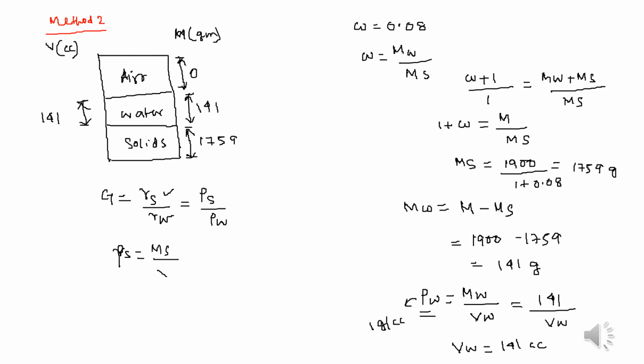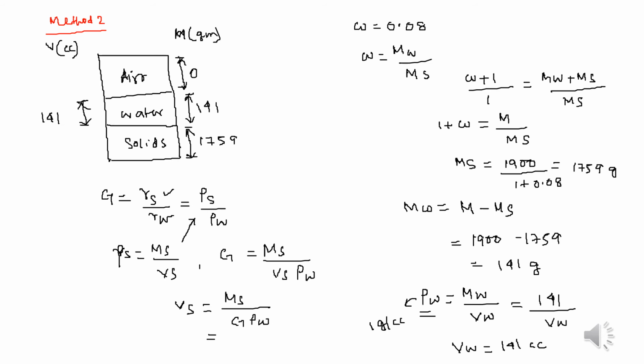So we simply substitute rho S from here. So we get G equal to mass of the solids by volume of the solids into rho W. Therefore my volume of the solids comes out as mass of the solids by G rho W. My mass of the solids we already found out, that is 1759.